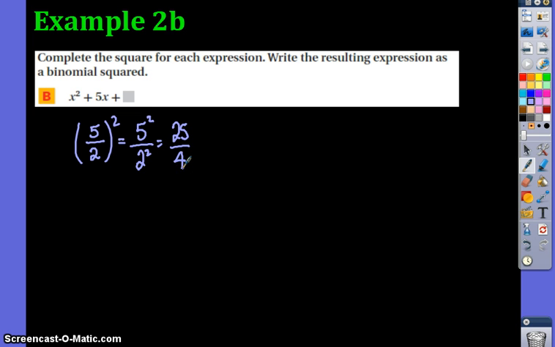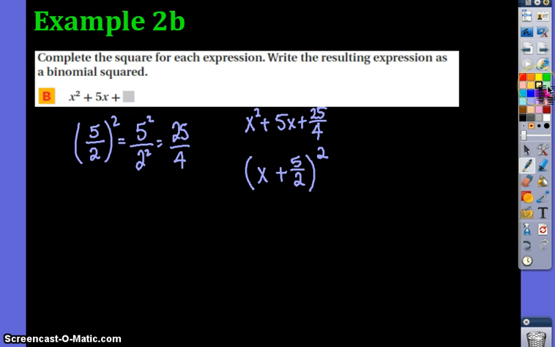So we now have the expression x squared plus 5x plus 25 over 4. And now we want to rewrite it as a binomial squared. So we would have x plus 5 over 2 squared. And there's our resulting expression.